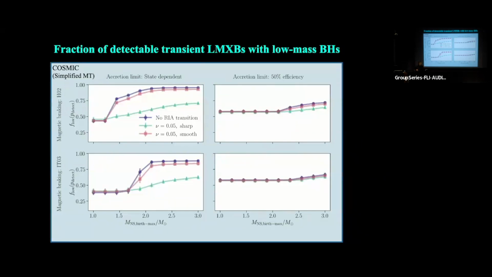Whether the binary will become a transient or not depends on the mass transfer rate very sensitively. If it's above a certain rate, it's not a transient. If it's below a certain critical rate, then it can have the opportunity to be a transient. So we thought mass transfer rate as a function of time must be important in these models.